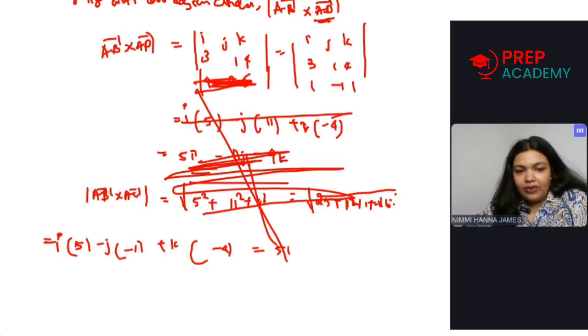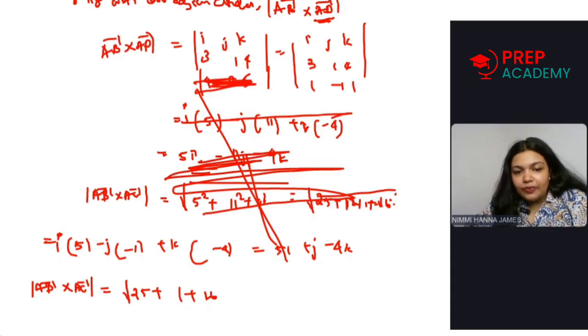Okay, so that is 5i plus j minus 4k, and the modulus of AB vector cross AC vector is equal to root of 25 plus 1 plus 16. Okay, that gives us 26 plus 16 is equal to 42. Okay, so root 42 is the area.